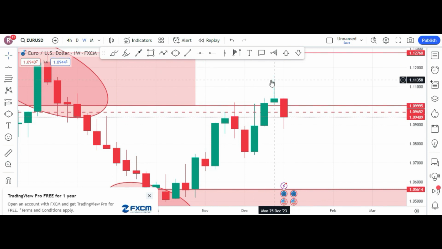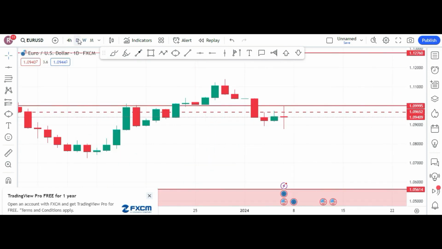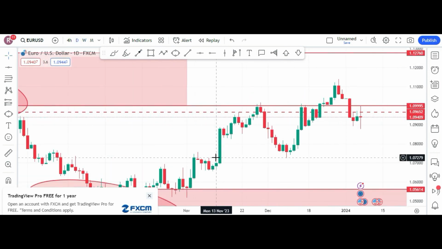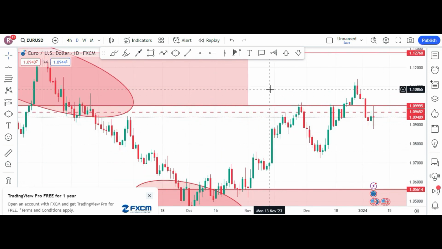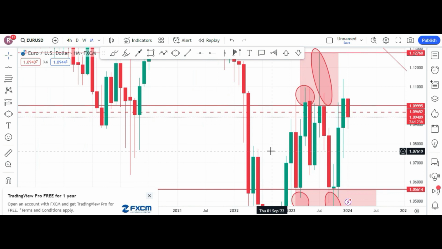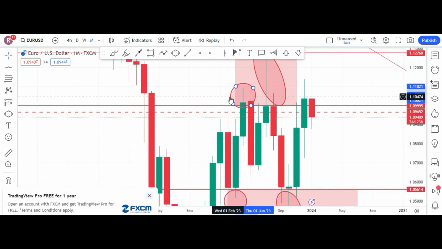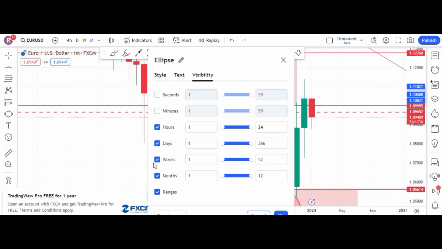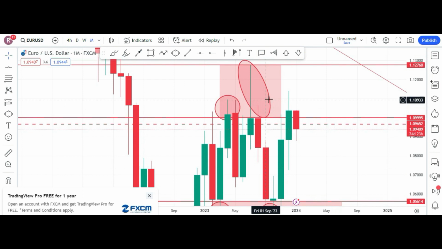So what pushed it back? Let's go to the daily time frame, and if we put a line here, can you see it has been created from here? So let's go to monthly and turn off some of the features so we can see things more clearly, okay. We don't want them there, we don't want this guy also there.